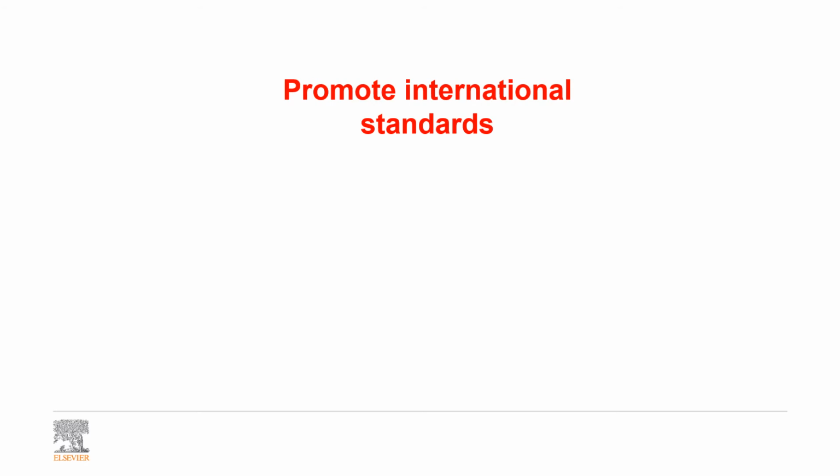You need to ensure that you are promoting international standards in your journal. So you should list these in your guidance and insist on adherence to what I've already mentioned, the EQUATOR Guidelines. Articles should not be accepted for publication, or even go into your reviewing system, until they do meet the EQUATOR Guidelines.